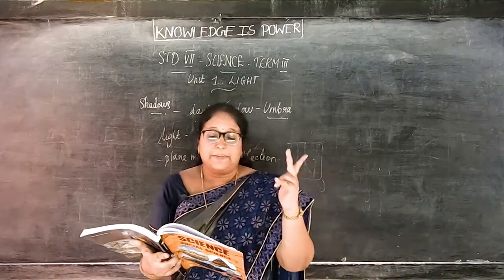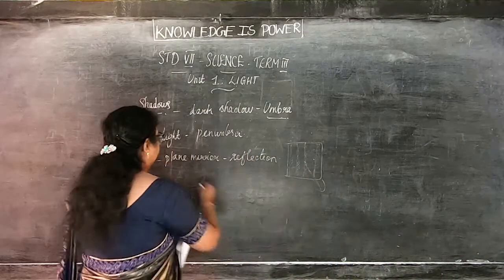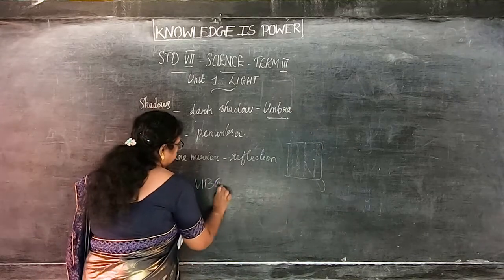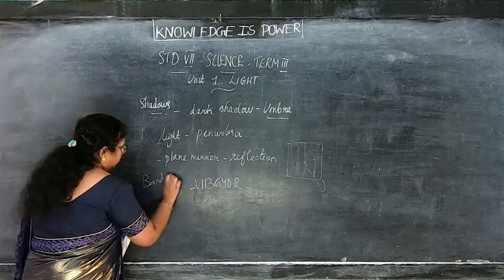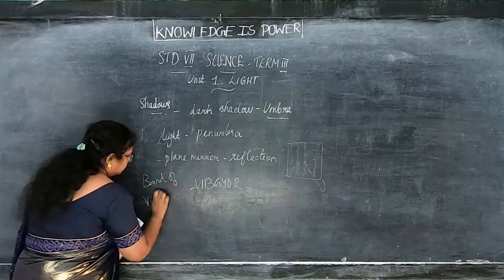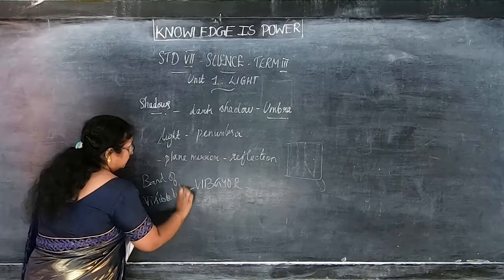So now we will see the band of visible light, that is VIBGYOR. These are the band of visible lights. What is VIBGYOR?